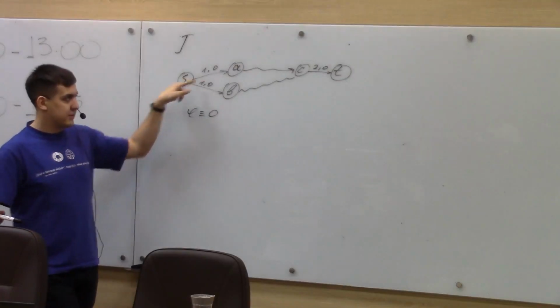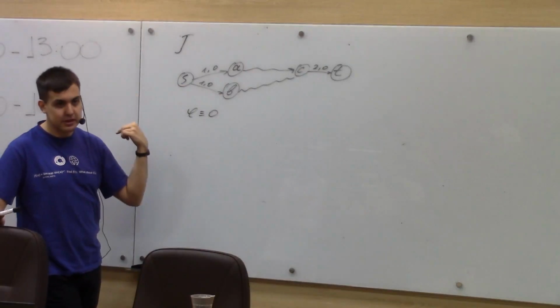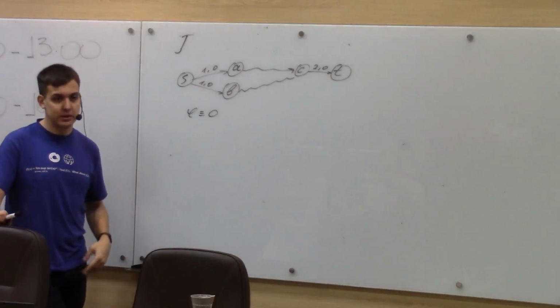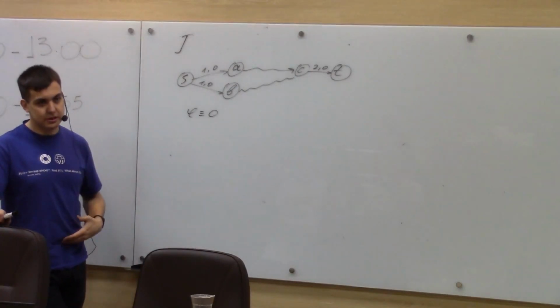Yes, so we will run Dijkstra's algorithm twice, right? First, to find the first unit of flow from S to T, then to find the second unit of flow from S to T, and we will update the potential function between those two runs, exactly as we discussed during the lecture.